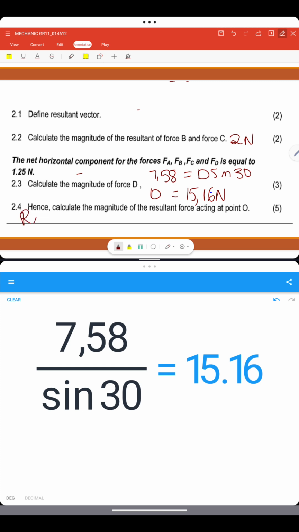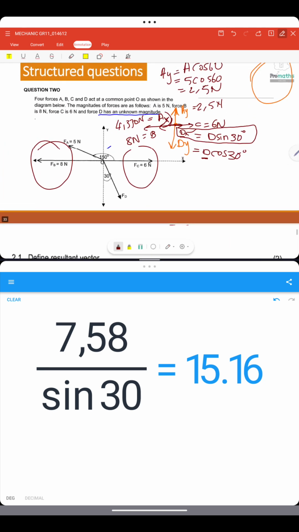Rx, we know right now that is 1,25. That is the magnitude and it's positive. It means it's pointing towards the right. So if we look at Ry, do we have Ry? Not yet, but it's something that we can calculate.